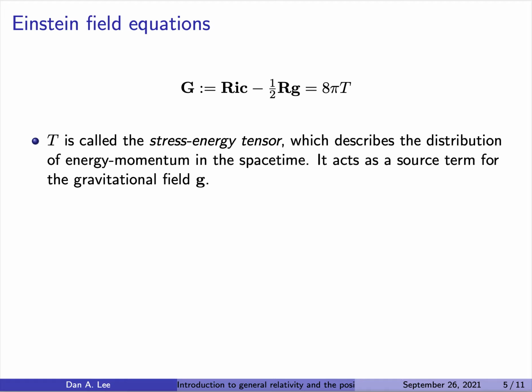So this should be thought of as a souped up version of that. On the right side, we have something that represents the matter content of the universe, and on the left side is an operator on g. So the right side is telling us what the g should be, or at least constraining it in some way.